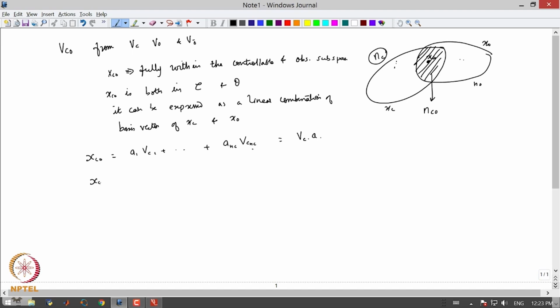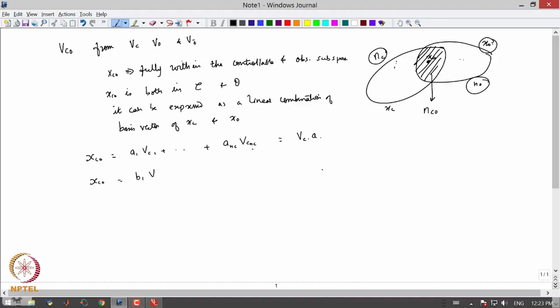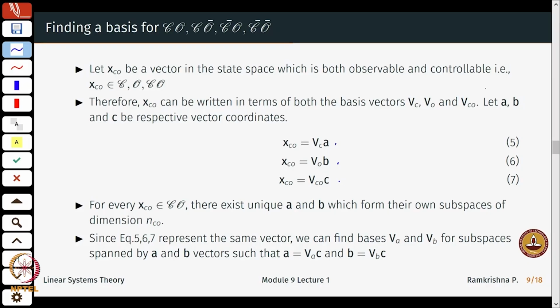This xc naught can also be written in terms of the observable space with its corresponding basis as some b1 vo1 plus bno vo no. I can write this as vo times b. This is the dimension of the observable subspace.